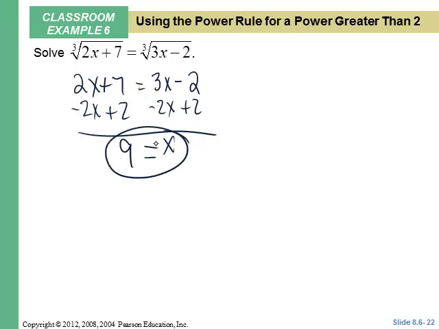You still have to try that in. 2 times 9 is 18. So this is the cube root of 25, and 27 minus 2 is the cube root of 25, so it does check.